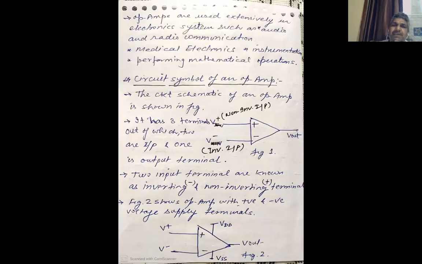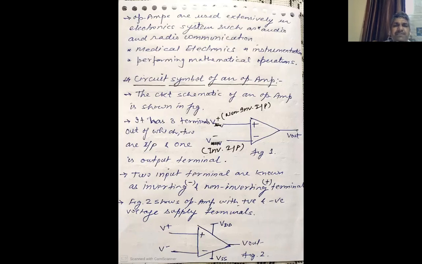The next topic is the circuit symbol of an operational amplifier. The basic circuit symbol or schematic of an operational amplifier is shown in the figure. It is basically a three-terminal device if we don't consider the power terminals. Out of these three terminals, two are input terminals and one is the output terminal.